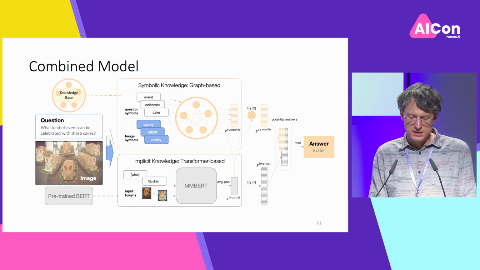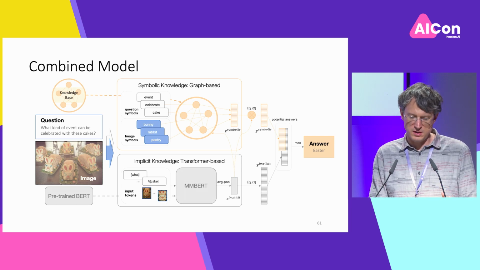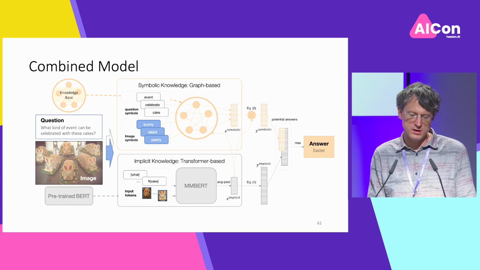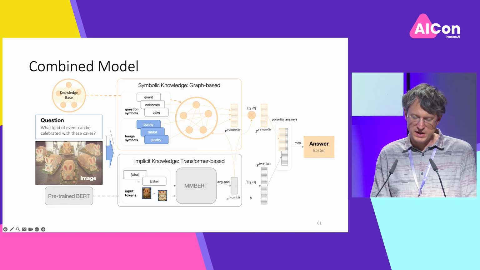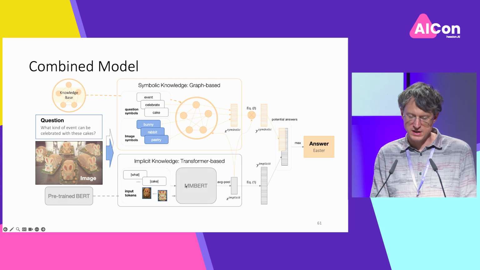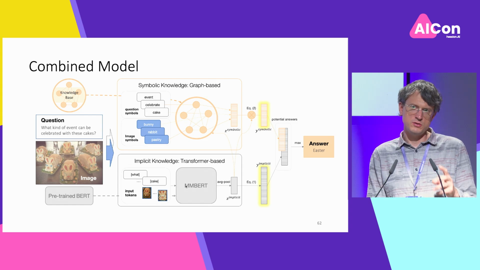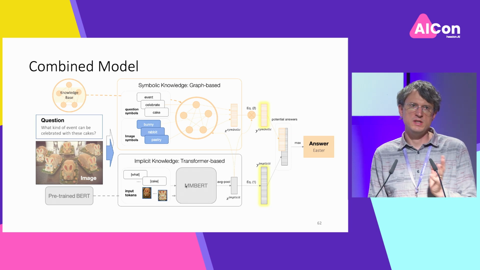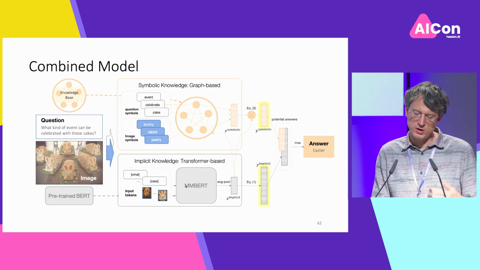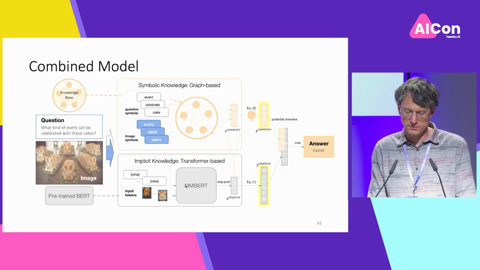Then we combine the symbolic knowledge and the implicit knowledge, and the implicit knowledge is embedded as additional information in the symbolic graph, and they're combined with a max operation here to then predict the answer. So the key idea, just to reiterate, is that we keep the symbolic and the implicit answer space separate to really be able to reason symbolically up to the end. And the model can then decide, based on the max operation, which features it uses.